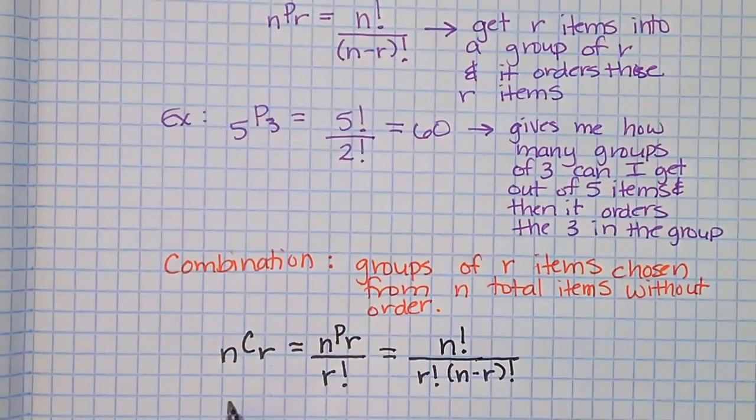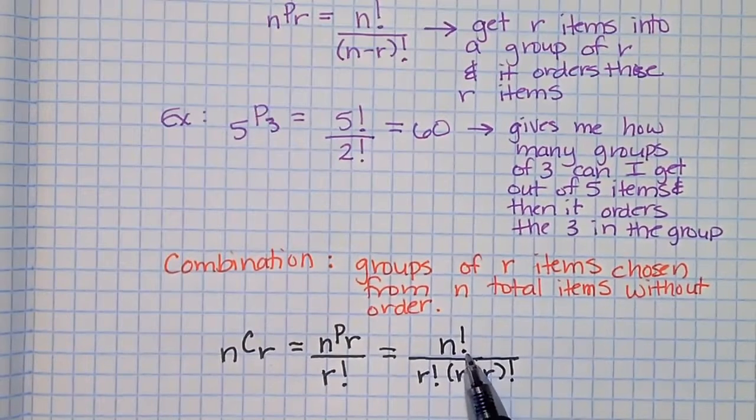So again, combinations, n choose r, is equal to your permutation divided by all the ways you can order these r items, because we're dividing out the order, so r factorial. And that's equal to, in factorial form, n factorial over r factorial times n minus r factorial. And these two numbers will always add up to this top number.